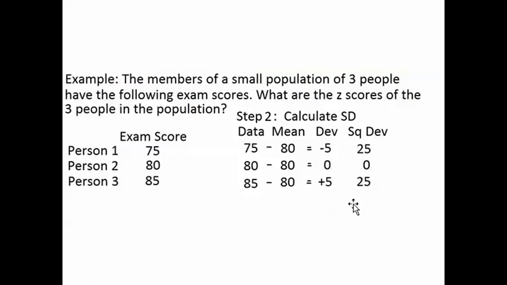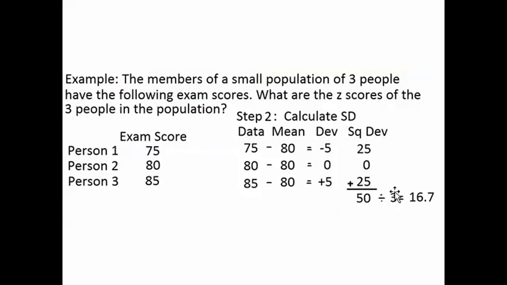The next step in finding the standard deviation is to calculate the mean of the squared deviations. So there's 3 squared deviations here. To get the mean of the squared deviations, we just add them and divide by 3. And we get 16.7. Also remember that when you're calculating the standard deviation of an entire population, like we are here, you don't drop this number down by 1.